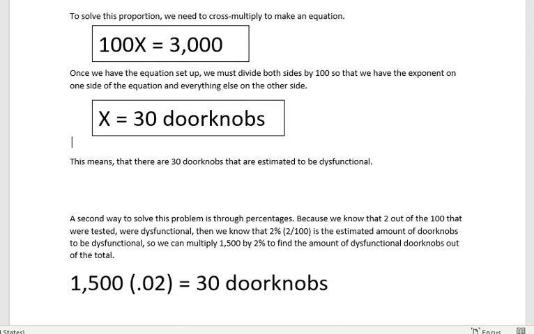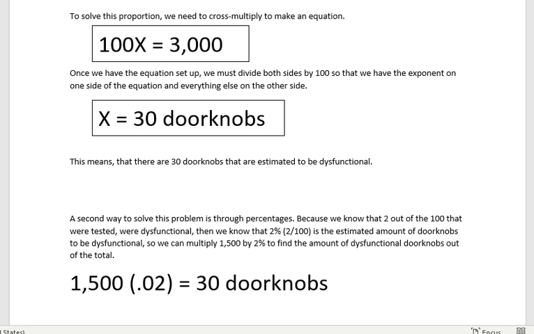We can multiply our total doorknobs by the percent dysfunctional to find out how many of the total doorknobs will be dysfunctional. 1,500 doorknobs times 2% or 0.02 will give us 30 doorknobs.